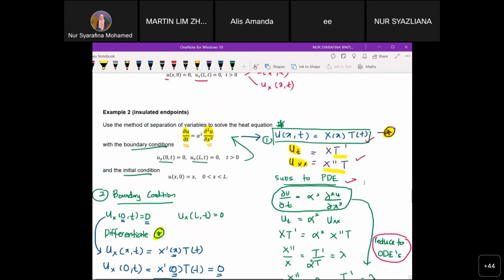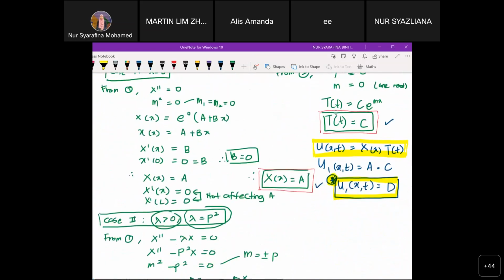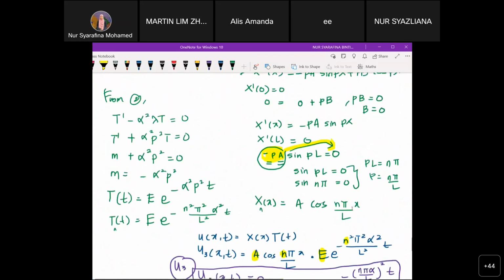By considering all cases of lambda, this expected solution fulfills the values of x and t. If one of those is 0, then we just put no interest. But if there is a value of it, then we consider all solutions. So u(x,t) equals D, but for u2 equals 0, don't worry, just put 0 at the end of the process.